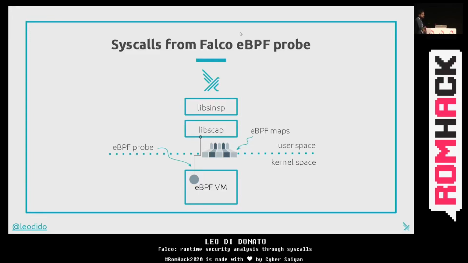As you can see in the diagram here, the maps are basically the vital part of the Falco architecture in this case.